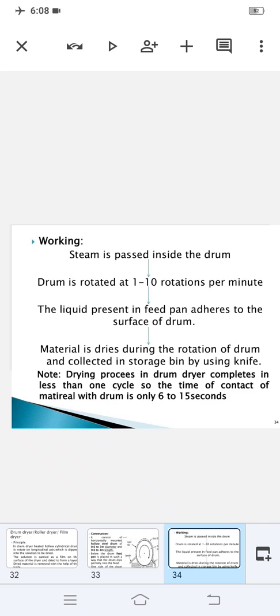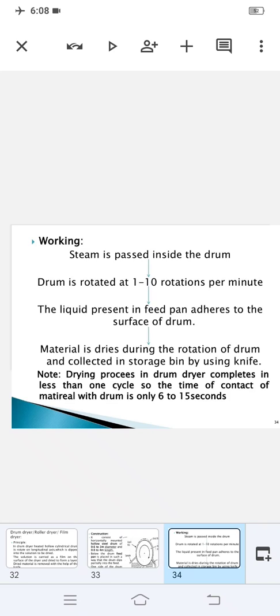Next, how it works. As you know, the drum is hollow, so steam is passing inside the drum. The drum is rotated at 1 to 10 rotations per minute, and the liquid present in the feed pan adheres to the surface of the drum, and due to the presence of the steam it gets dried.